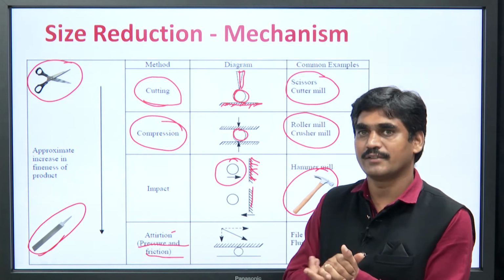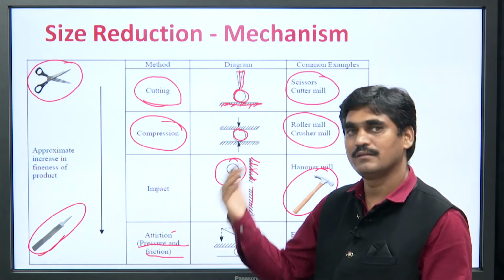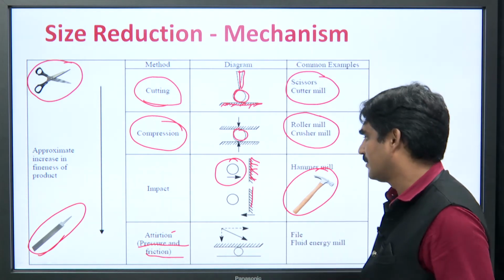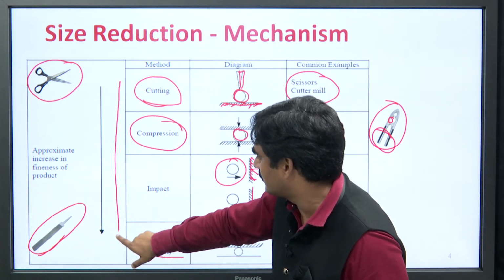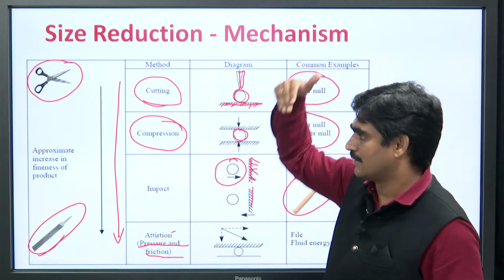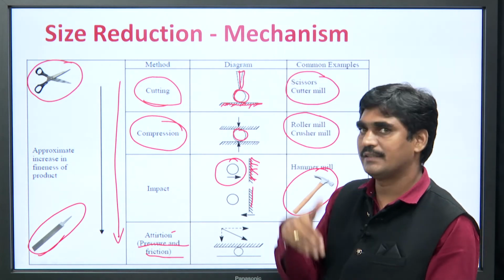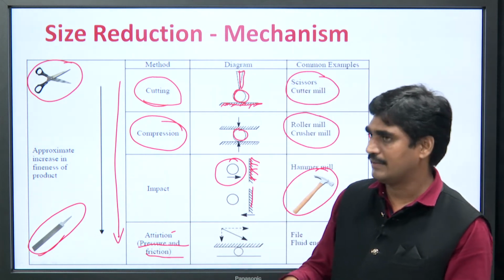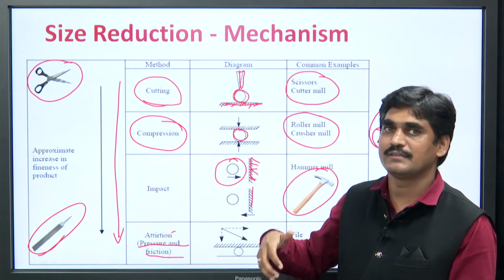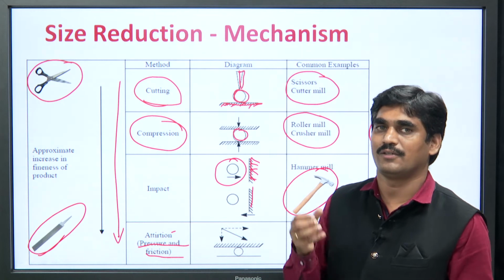With this application of force, size reduction takes place. As we move from this position to this position, the size of the object decreases, or we can say that there is an increase in fines of the product.